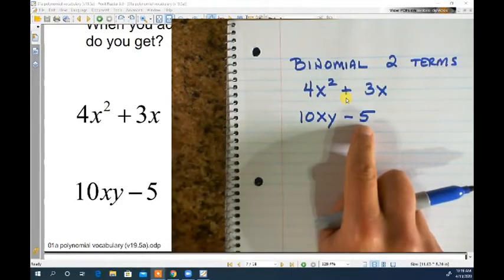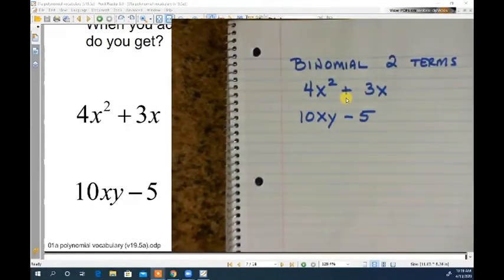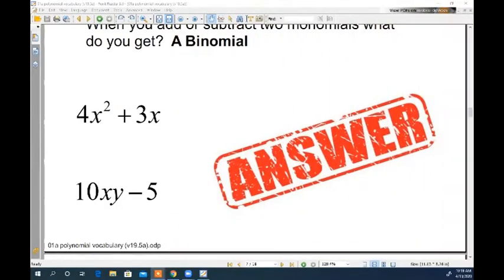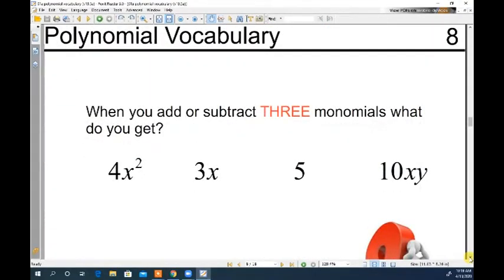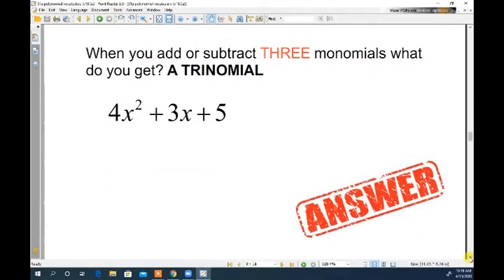This is, I guess, a constant term. It's a constant. It just stays by itself. So that is a binomial. Has two terms. And today you're just learning how to recognize these things. Three of them, you get a trinomial. Trinomial has three terms. Back into our notes.